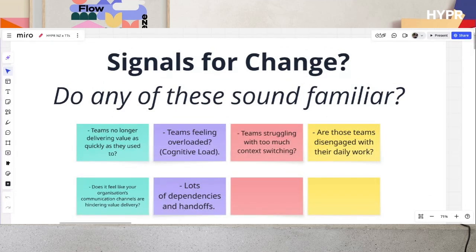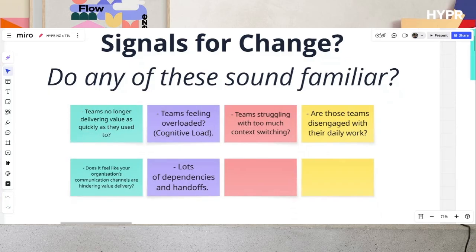I love the concept of signals for change. So these are ways of identifying reasons why teams need to change and why there are problems. So value delivery slowing down, teams feeling overloaded is another one of our strong signals.